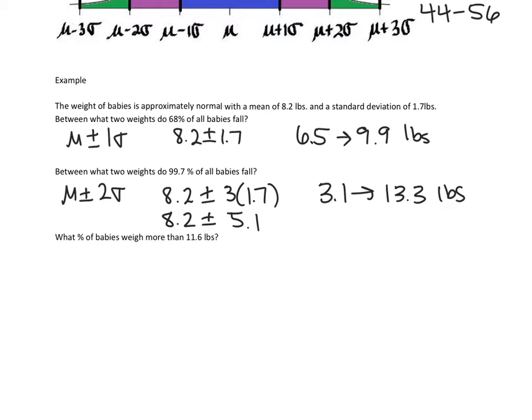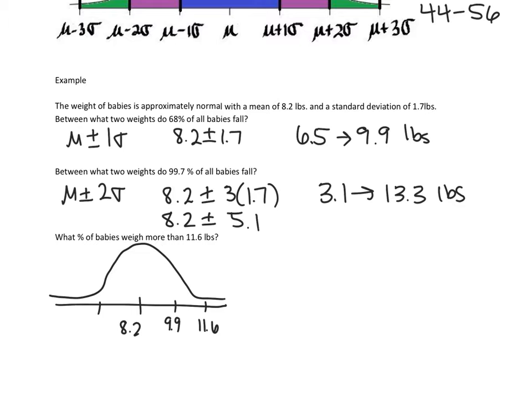Okay. So that's using the rule to find a range of weights, but we can also say what percent of babies weigh more than 11.6 pounds. So this is where a density curve is going to be helpful. In the middle here we have our mean of 8.2. 1 standard deviation gives us 9.9. 2 standard deviations is 11.6, and then we can also work our way below.